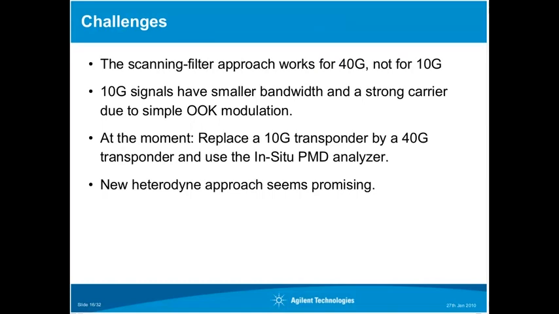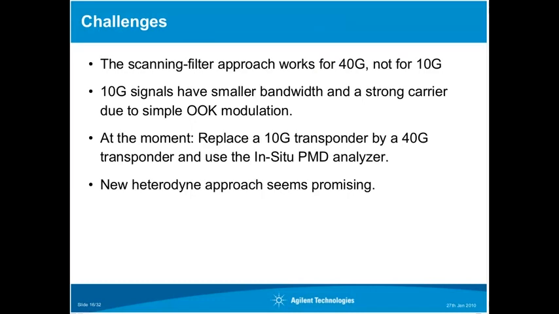If you look at 10G signals, 10 gigabit signals are narrow, and they use simple modulation schemes like on-off keying, or OOK. And if you use on-off keying, you probably have a very strong carrier. So this actually makes it very difficult to analyze these signals using an optical tunable filter.